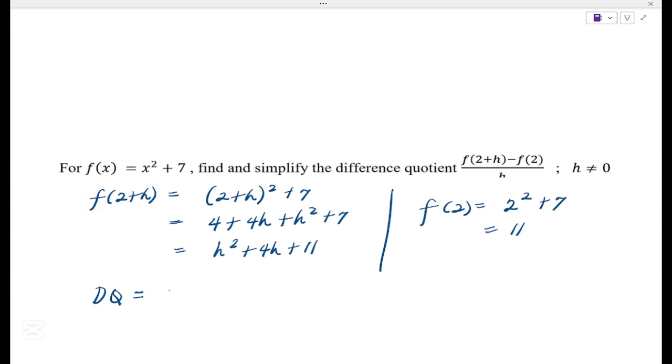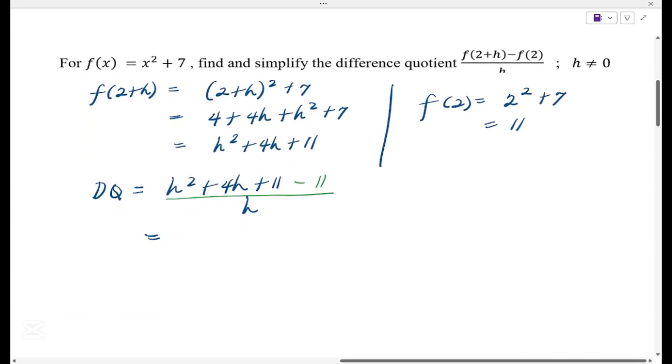Let us substitute. So we will have h squared plus 4h plus 11, minus f of 2, which is equal to 11, minus 11, divided by h.